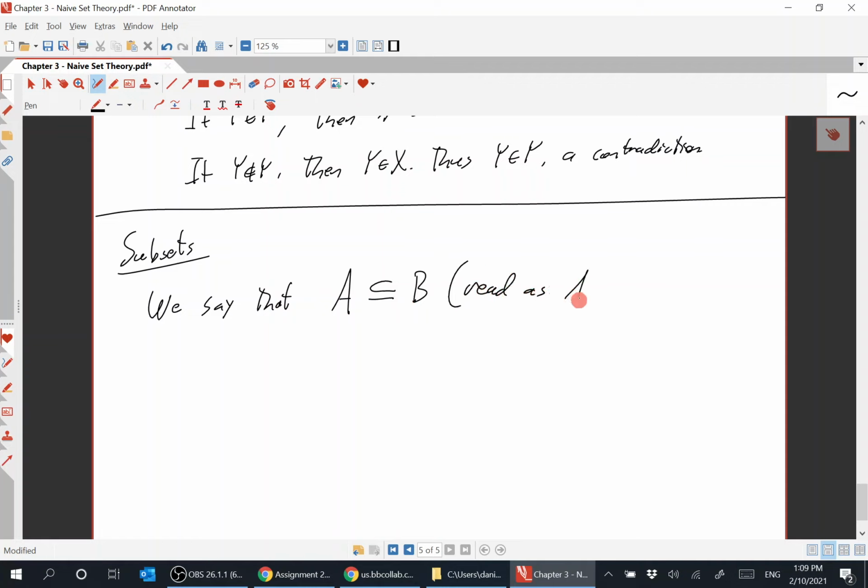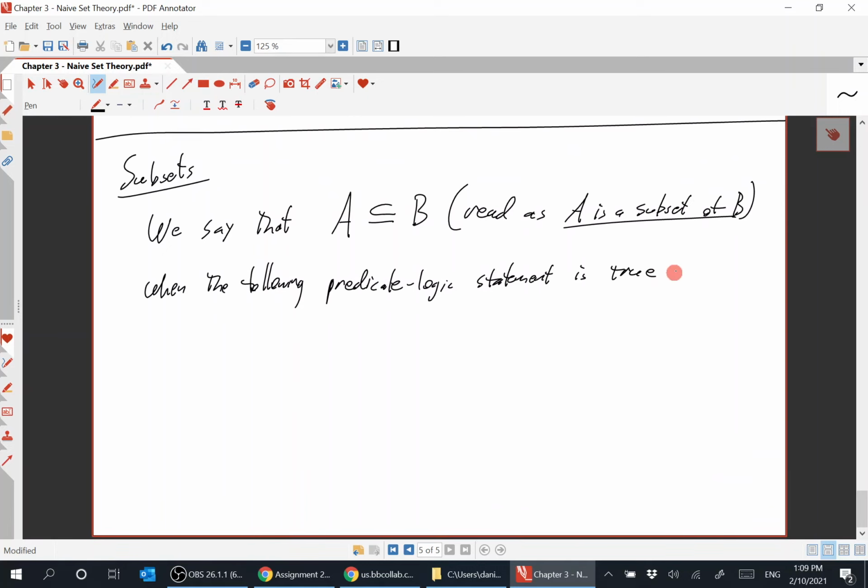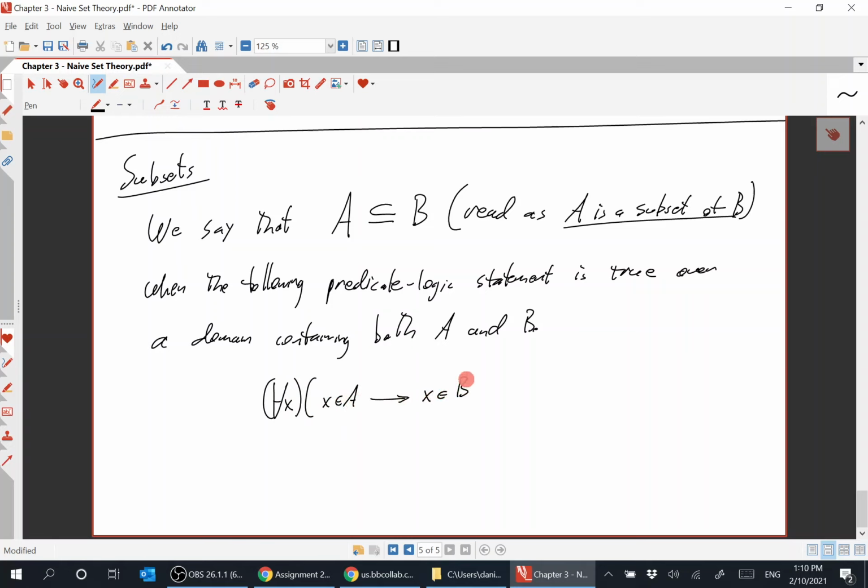This is read as A is a subset of B when the following predicate logic statement is true over a domain containing both A and B. For every x, if x is an element of A, then x is an element of B. So x in A implies x is in B.